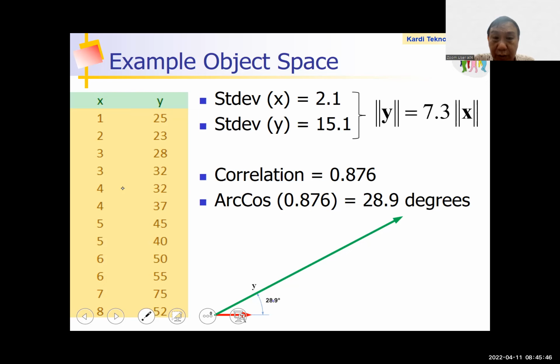The standard deviation of x is 2.1 and the standard deviation of y here is 15.1, that means y is about 7.3 times x. The length of this symbol is the norm. So then you can represent this table as two vectors, x and y, and the angle between the two vectors is represented by the arc cos of the correlation, which is 28.9.